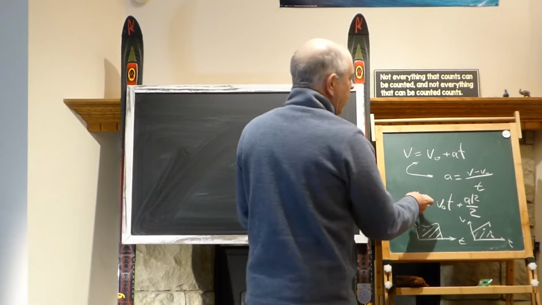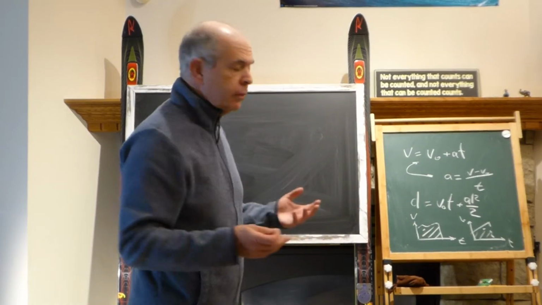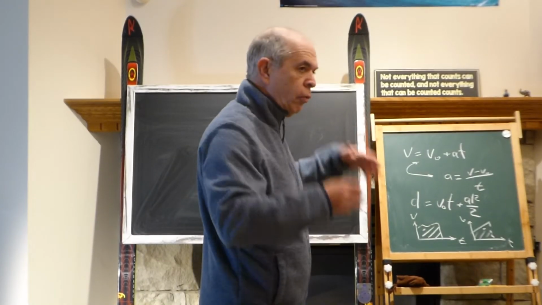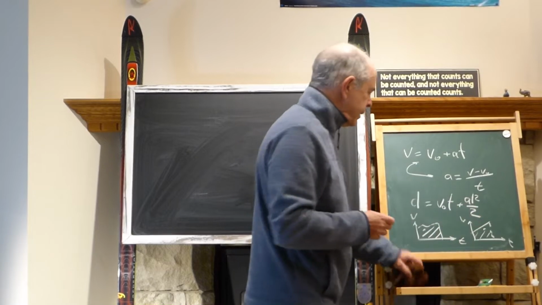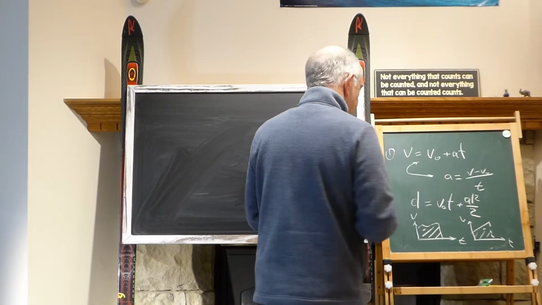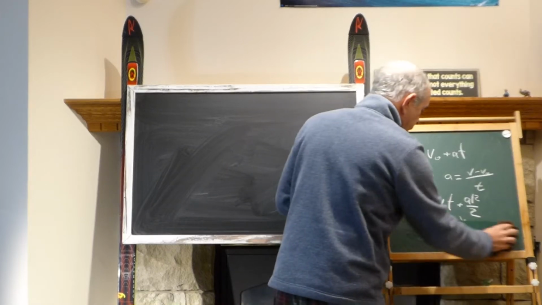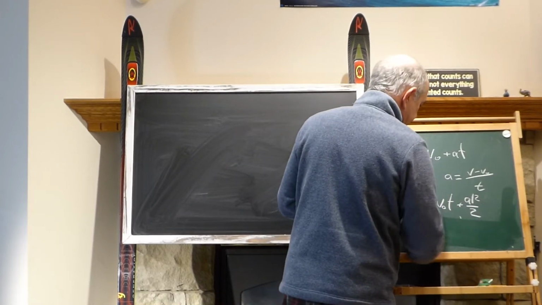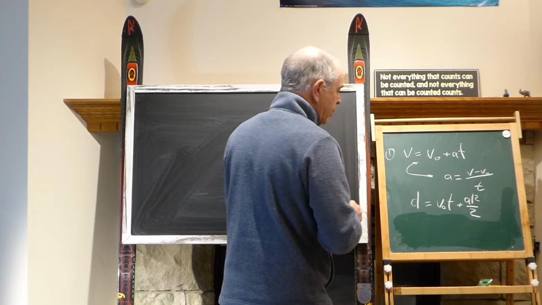And you don't have to remember it. It's good if you remember, but if you've forgotten, you can follow this, and these are the two formulas that you have to remember.